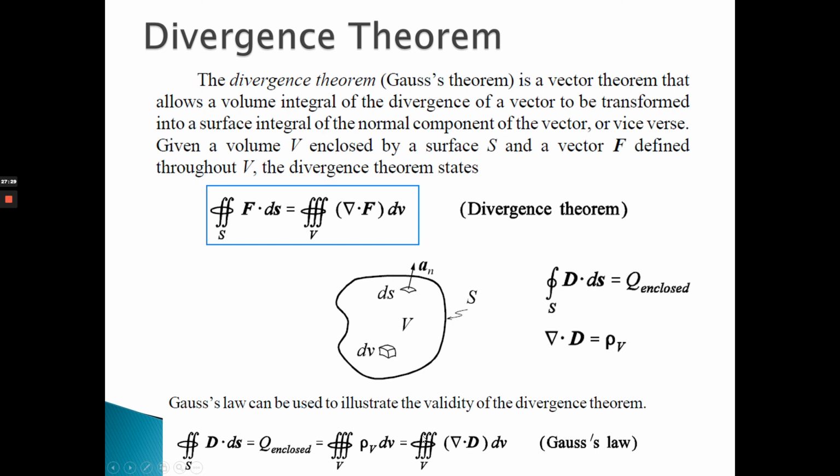But check here, we just learned these two identities, right? So we know that ρv is equal to del dot D. Once we put that here, we get this identity, which is the divergence theorem.